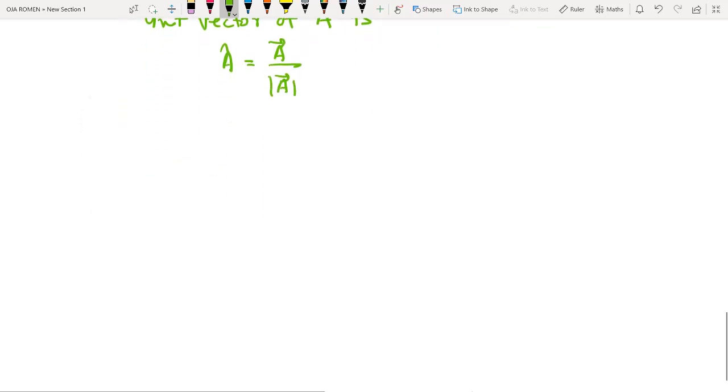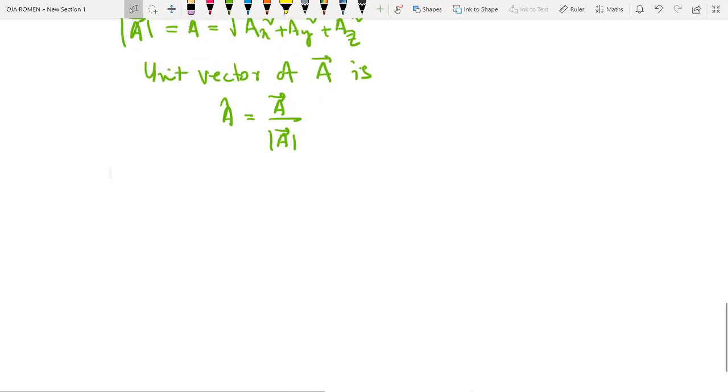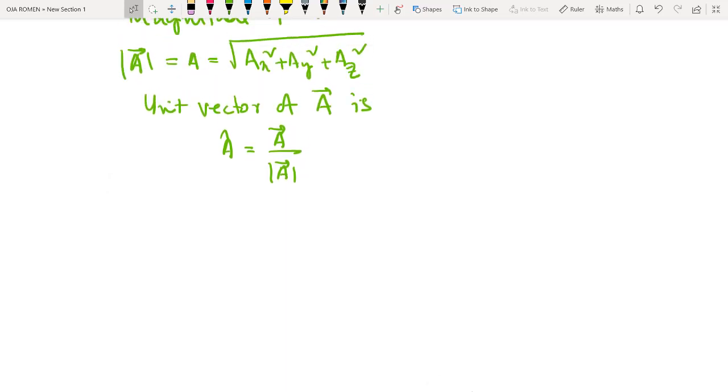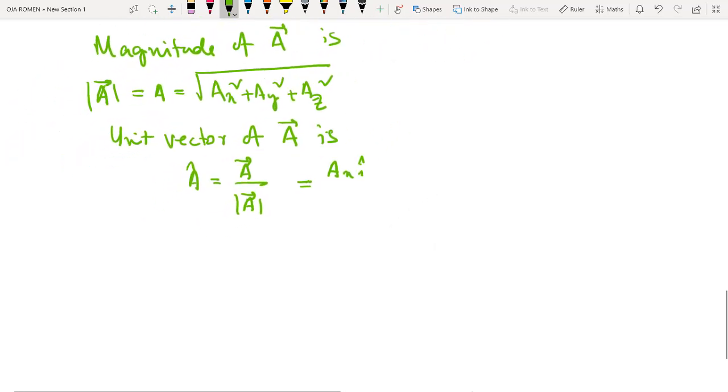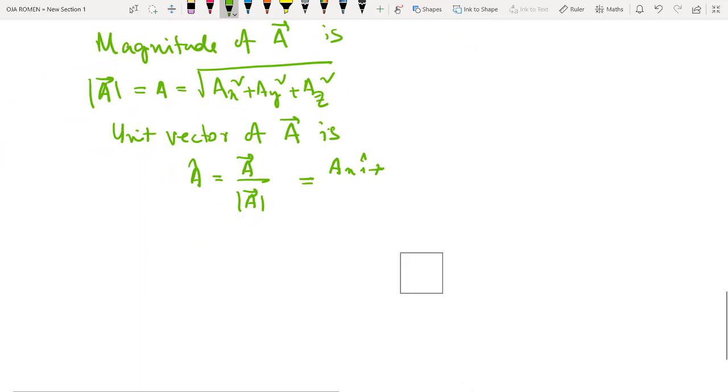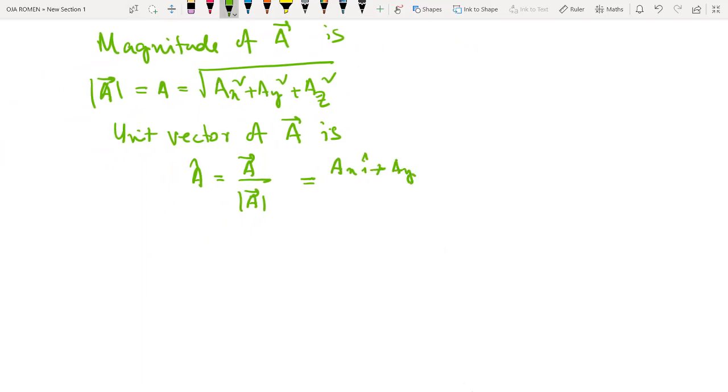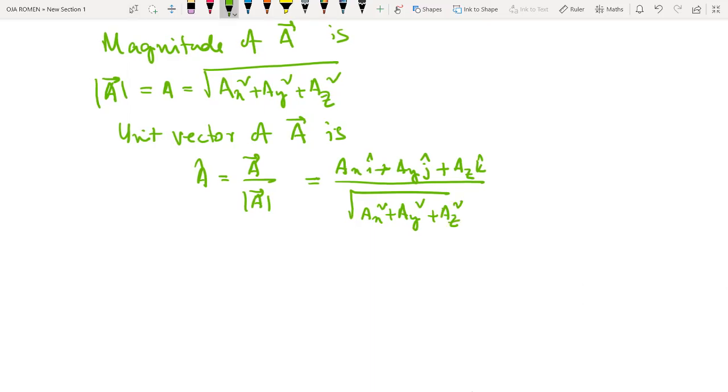Now we can find out some problems. So this we can also write as AXi plus AYj plus AZk divided by the square root of AX square plus AY square plus AZ square.